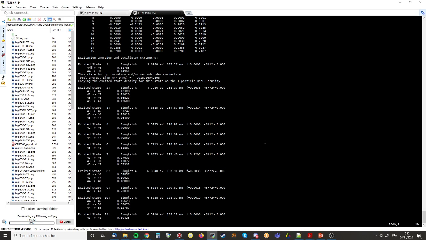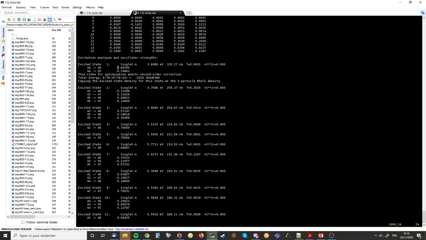So here you have one electronic transition that is a linear combination of different excitations. And to understand the weight of the different excitations, you need to square.